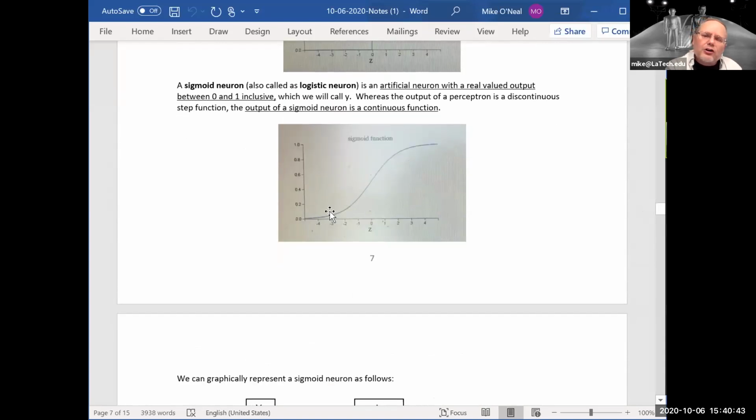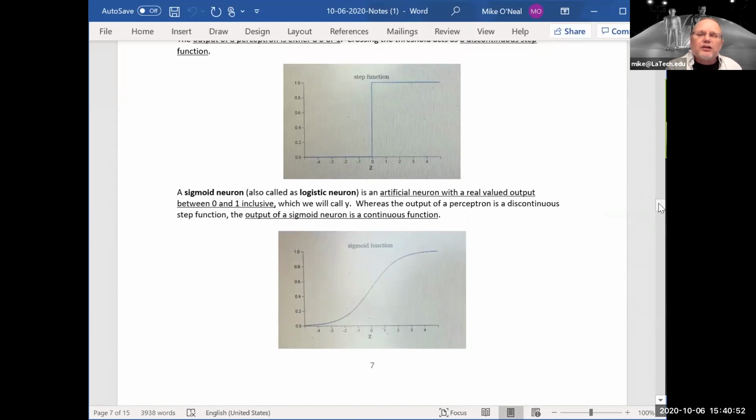So this is why the function generates a shape like this, and really it's identical. It's not identical. It's very similar. It has very similar characteristics to our perceptron.